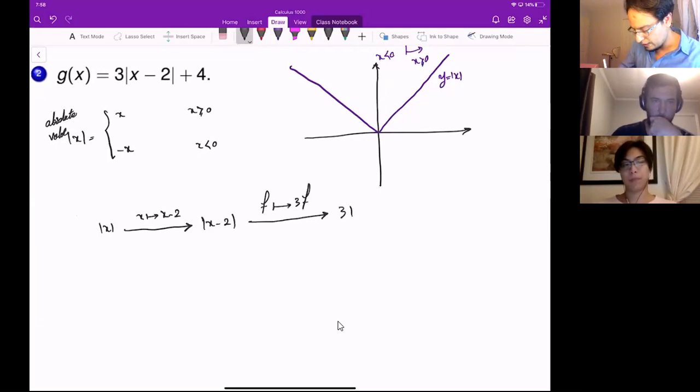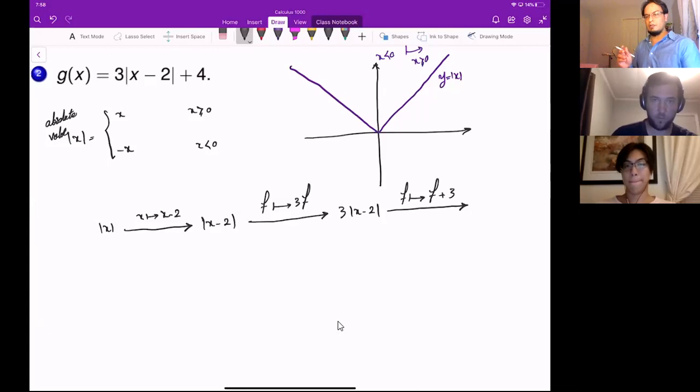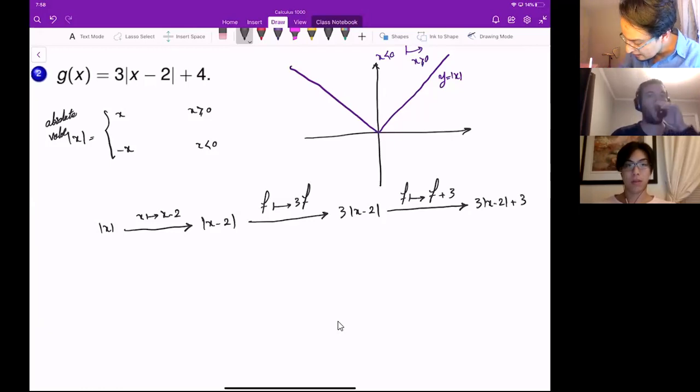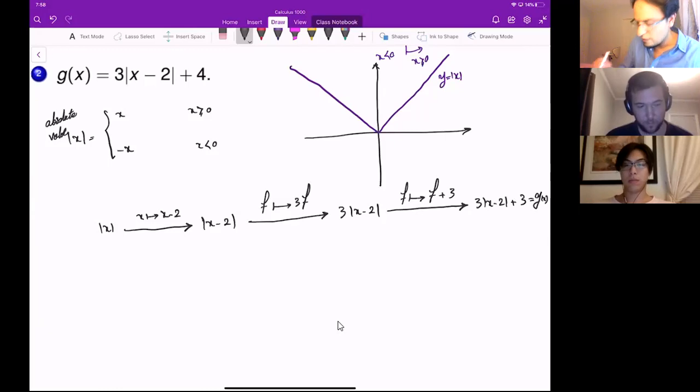Then I will get 3 times absolute value of x minus 2. And then at the last step, I will add 3 to the function. And this way you will get 3 times absolute value of x minus 2 plus 3. And this is the function we are interested in. So we want to sketch the graph of that one. Now we can go ahead and understand what each one of these transformations does.